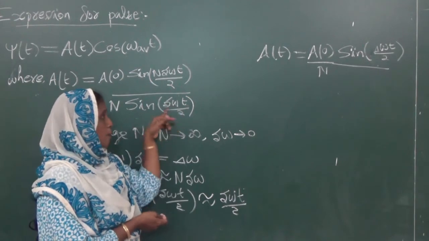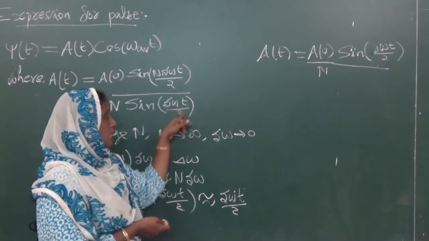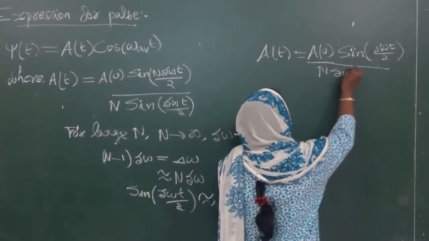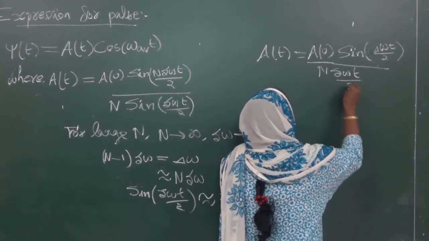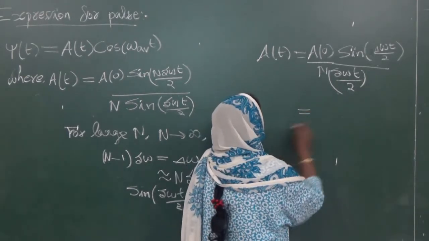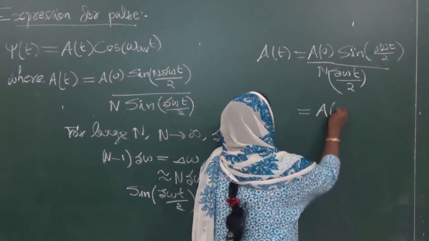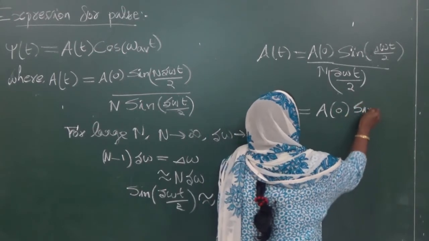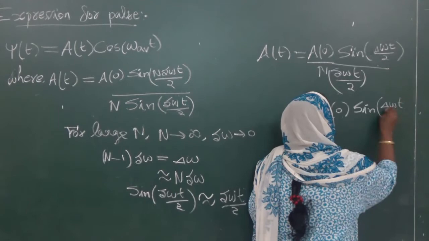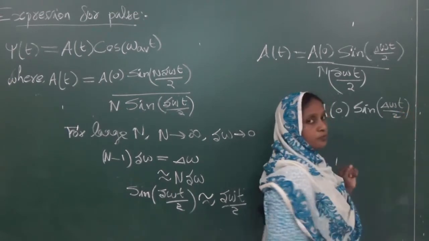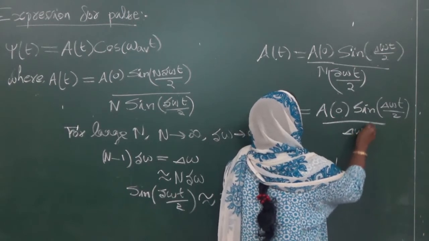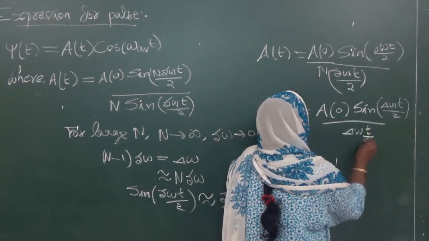This term is approximately equal to this argument, delta omega t by 2. So you can substitute here delta omega t by 2. Further simplifying, you get A of 0 sin(delta omega t by 2) divided by delta omega t by 2.